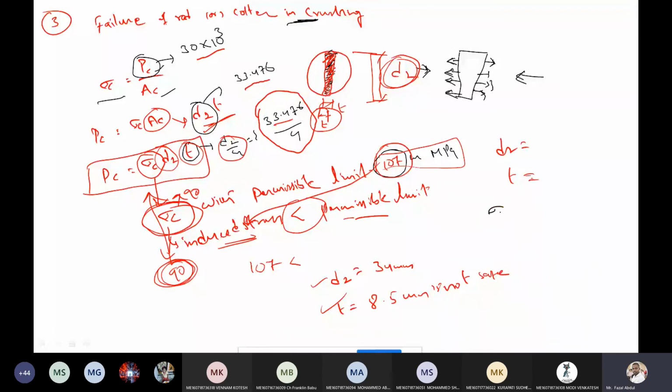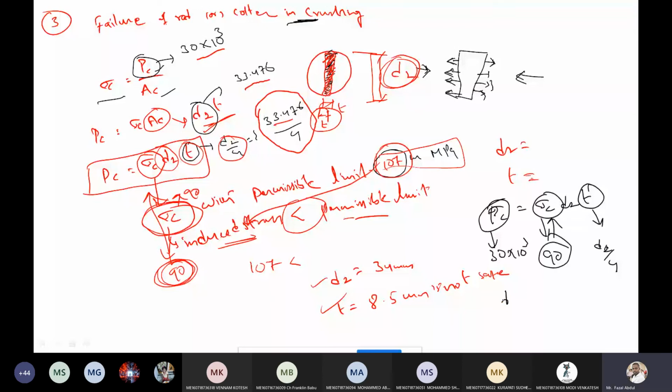tell me the D2 value. P C equals sigma C into D2 into T. Okay, so T value is D2 by 4. Now sigma C value is substituted as 90, whatever is given in the question. P C value is 30 into 10 to the power of 3. Because initially whatever we calculated for D2 and T is not a safe condition, so safe condition values only we are taking here. Now whatever D2 value we get is in mm, it is a safe condition.